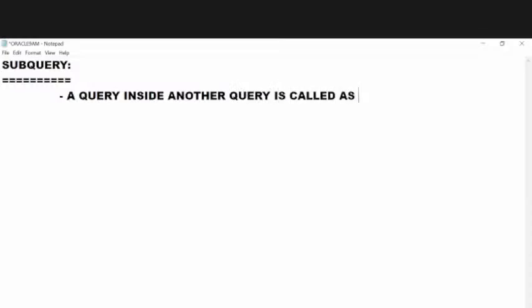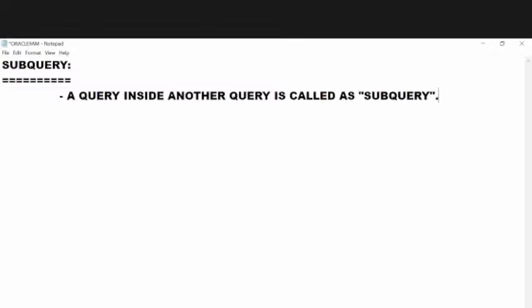So the first definition: how can we define a subquery? A query inside another query is called a subquery.